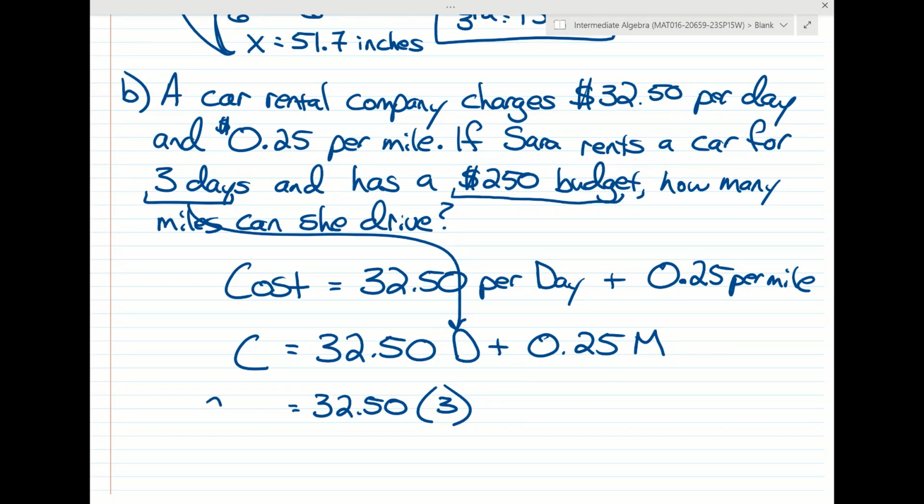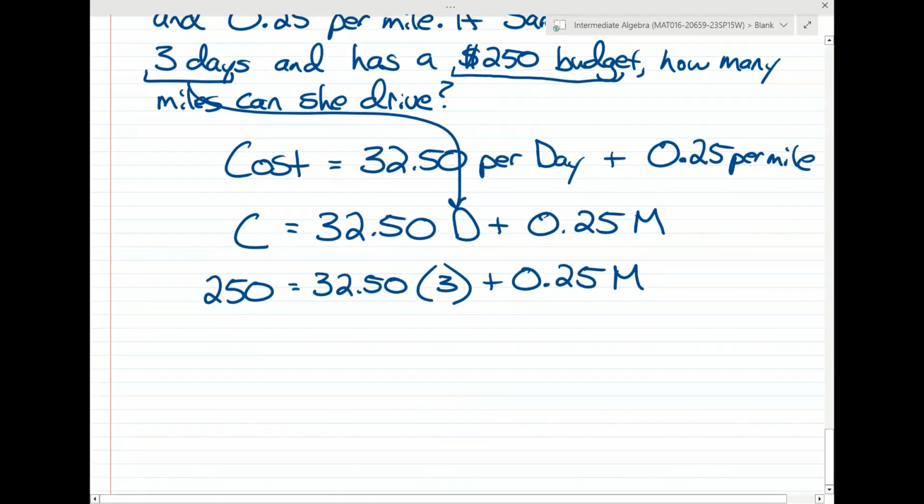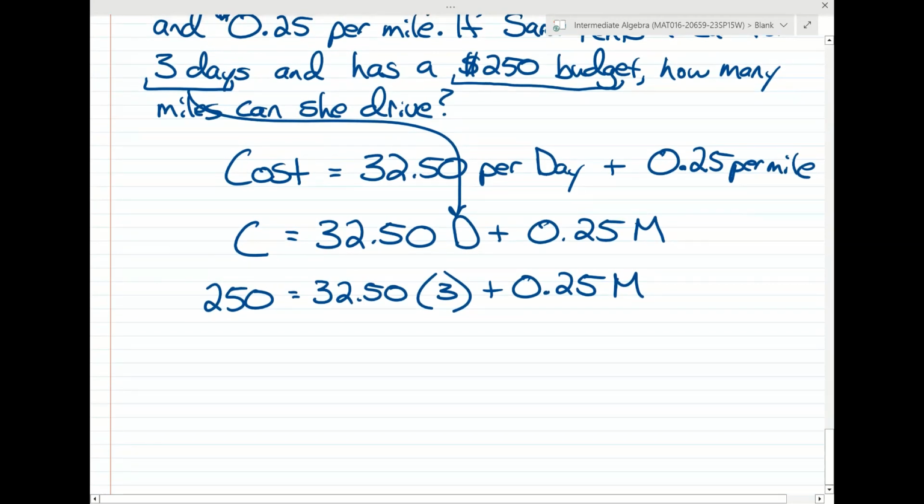So that's going to go for the total cost that she could afford. And the only thing we don't know is how many miles she can drive. So once we get everything organized, now we could solve it. I'm going to do $32.50 times 3.